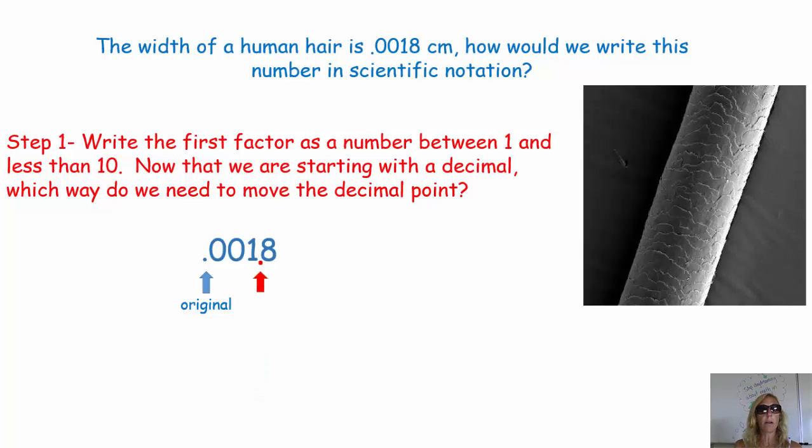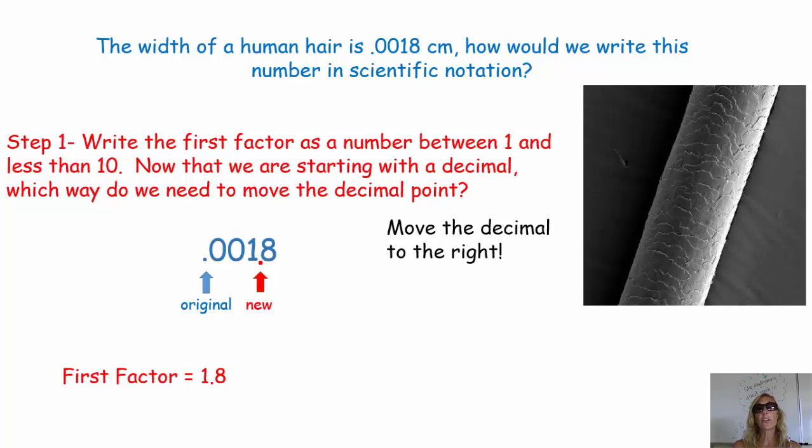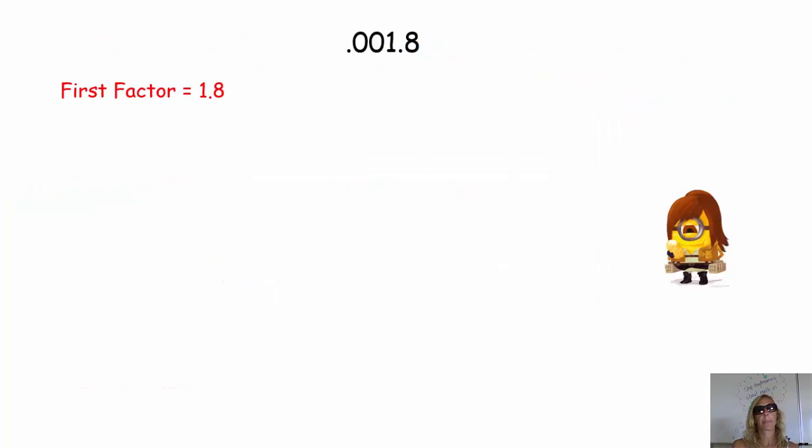So that becomes our new decimal point. So we have to move the decimal actually to the right. Now, last night when you were doing big numbers, you were moving to the left. So remember, tonight when you're working with very small numbers and you're changing them into scientific notation, you have to move it to the right. So our first factor is 1.8.